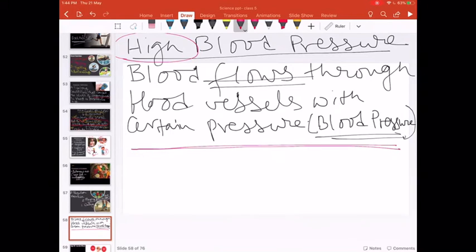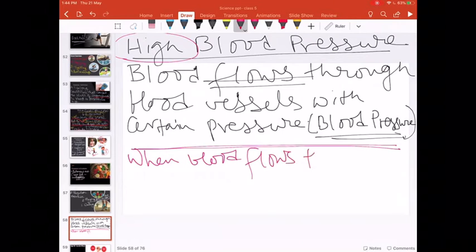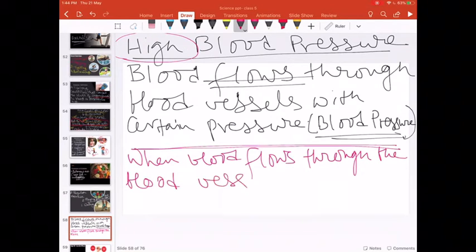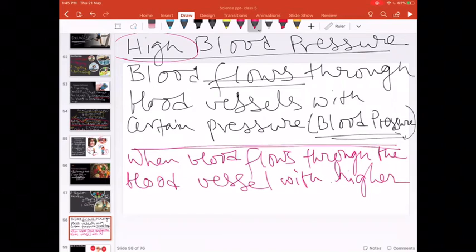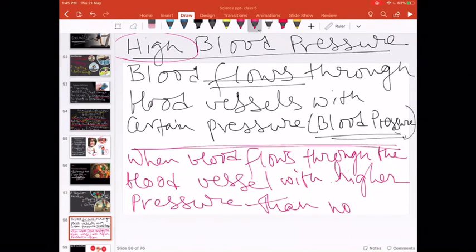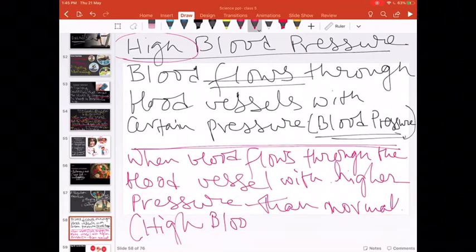When this blood pressure increases, when blood flows through the blood vessel with excessive or higher pressure, I would say, with higher pressure than normal, we say it's bad. It's high blood pressure.